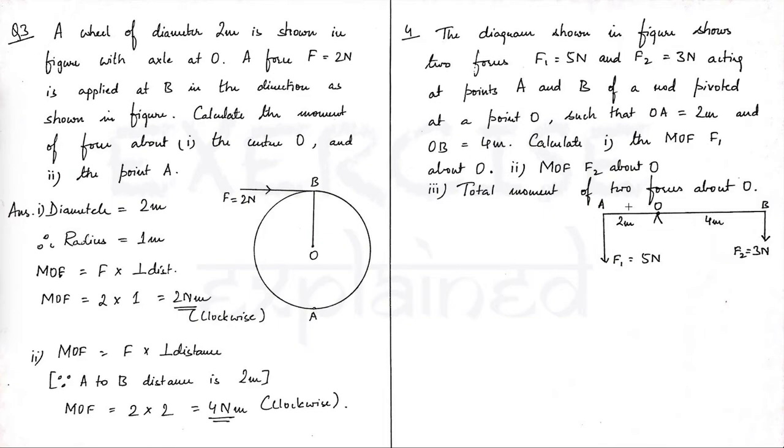So this distance is 2 meters, O to A, and OB is equal to 4 meters. So this distance is 4 meters.